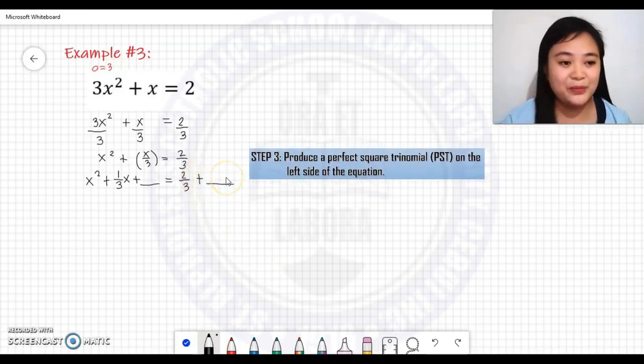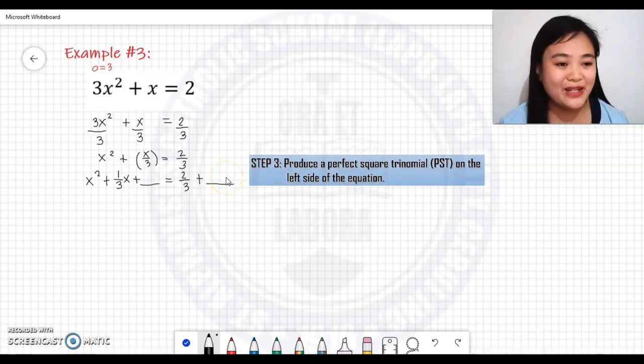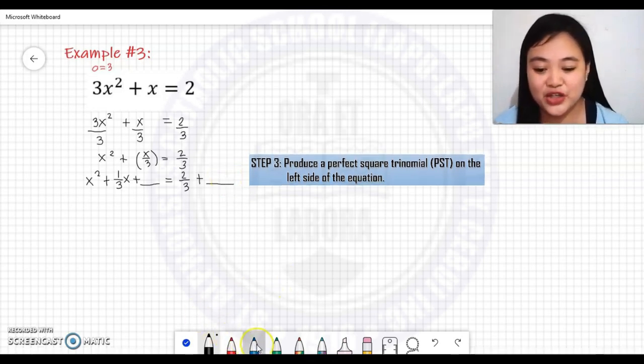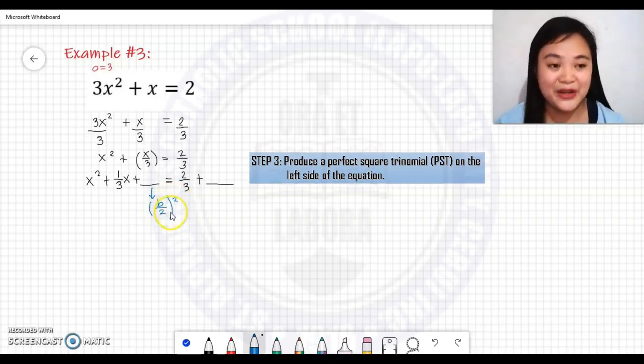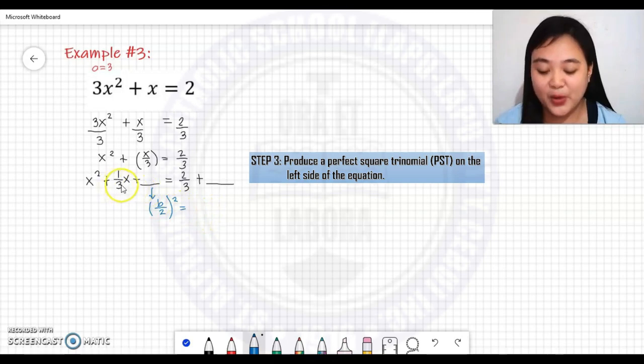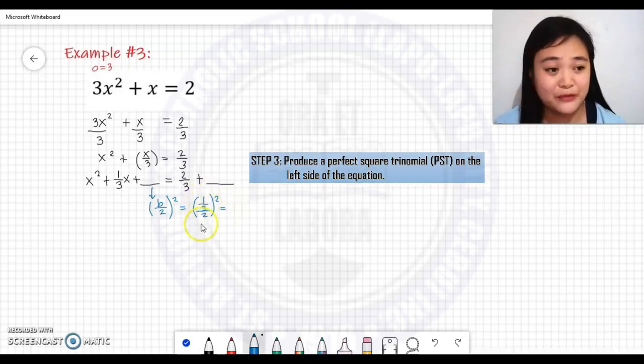Now we are going to use again our magic formula, which is b divided by 2 squared. I hope you are still with me. Now, let's do the rigorous part. What is our b? Our b here, class, is 1/3. So it will become 1/3 divided by 2 squared, a complex fraction.